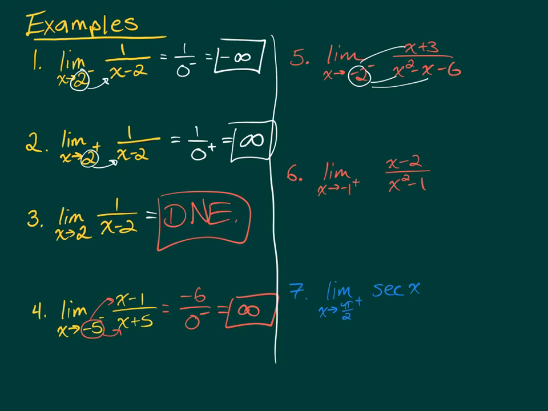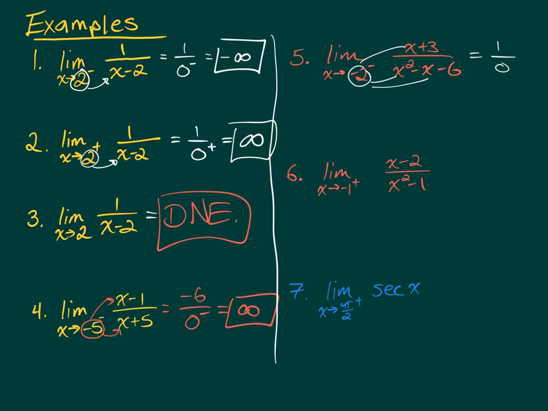Again, that non-zero number over 0 tells you the function is approaching a vertical asymptote when x approaches negative 2.